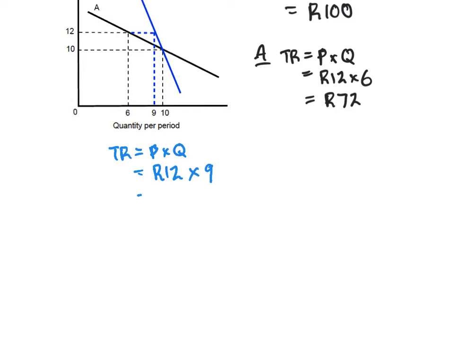So the total revenue in this case is 108 Rand. So you can see there's a very big difference in the impact of the same price change. In this example, the demand for product A is much more sensitive to the 20% change in price. So we would say that the demand for A is elastic.